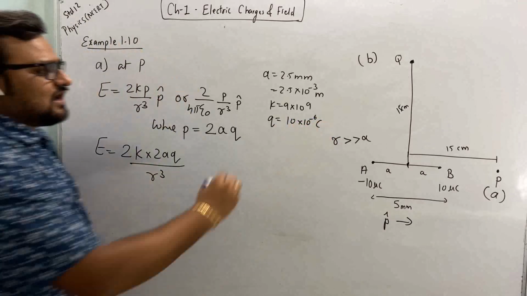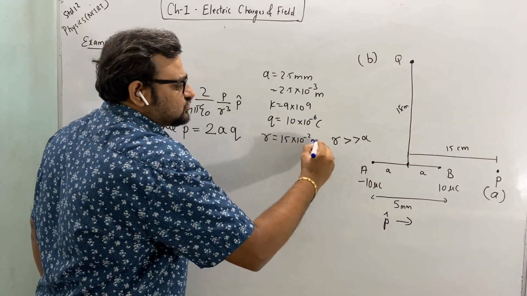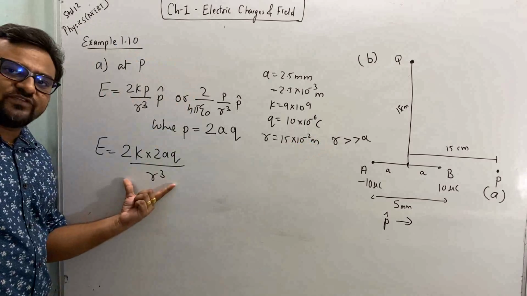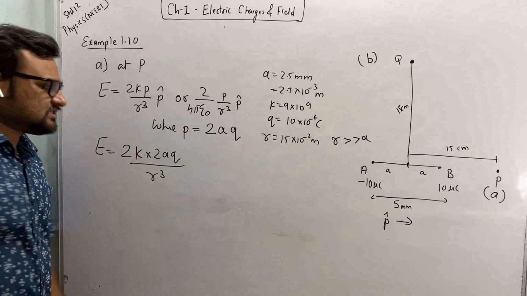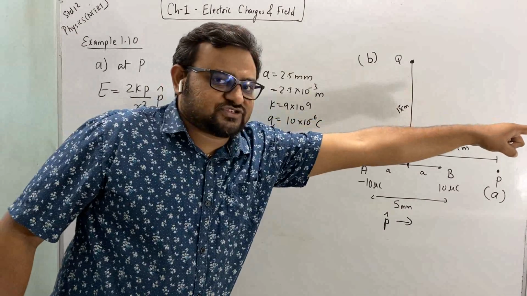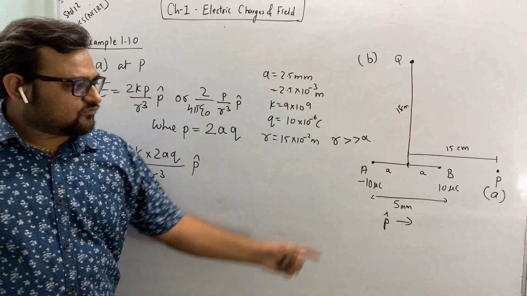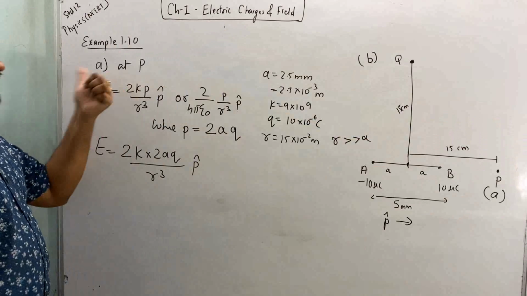And what is the value of R? 15 centimeter, meaning 15 into 10 raised to minus 2 meter. Put down the values and you will get your answer. The direction of P, the dipole moment, will be in this direction, from negative to positive. So this will be for A.